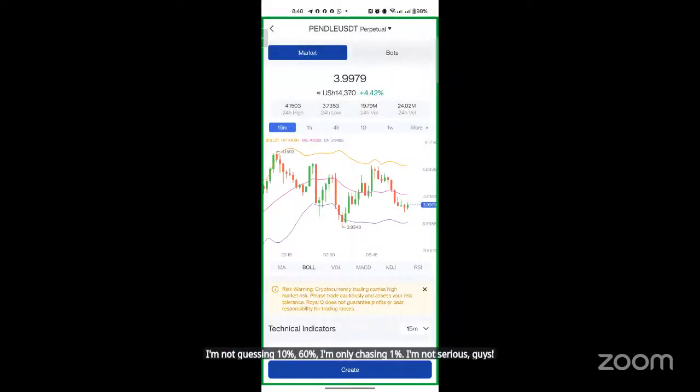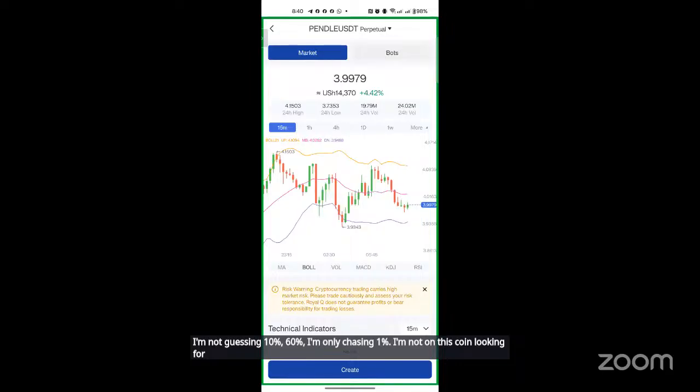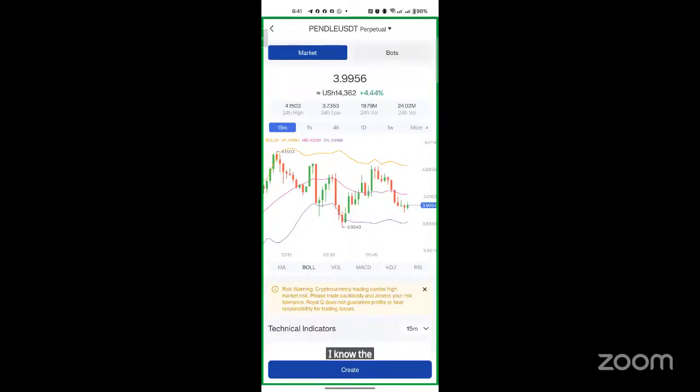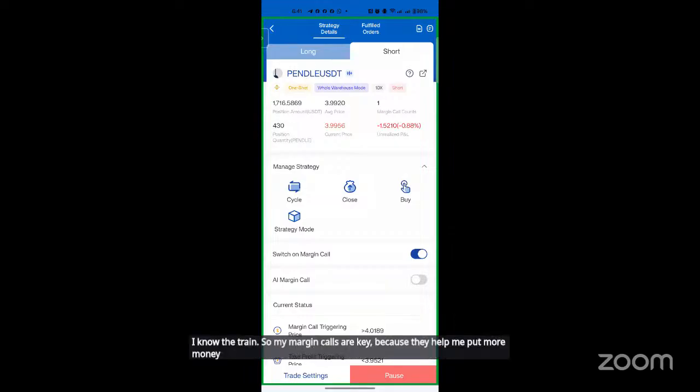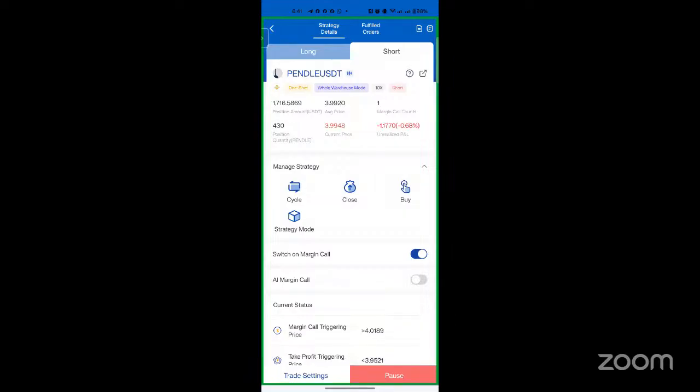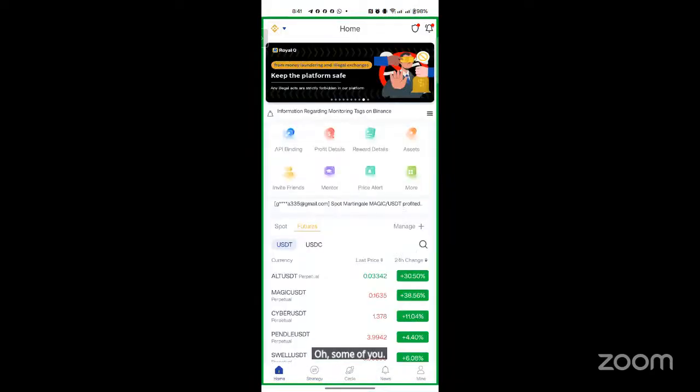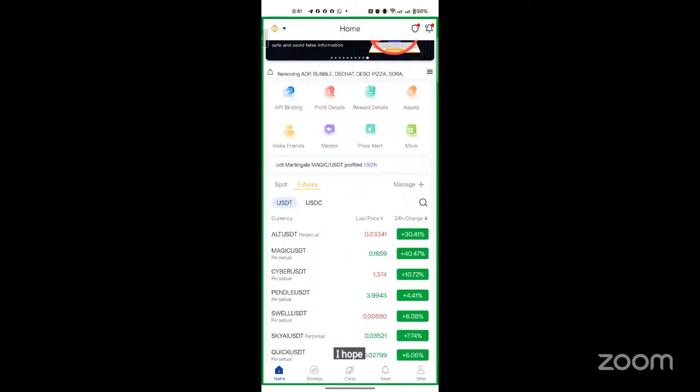I'm not on this coin looking for 100%. I know the trend. So my margin calls are key because they help me put more money in the coin. I hope the lesson is home.